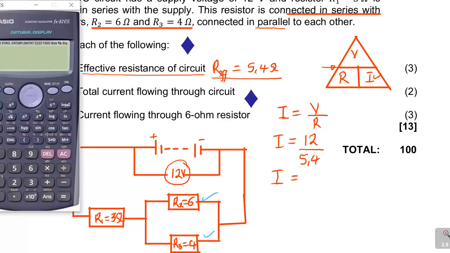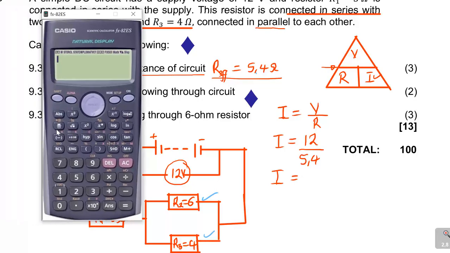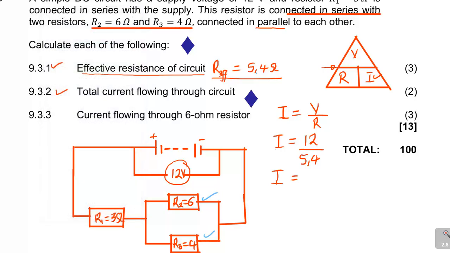So if I use that, it is 12 over 5,4, and that gives me 2,2222. If you round off to 3 decimal places, it will be 2,222.